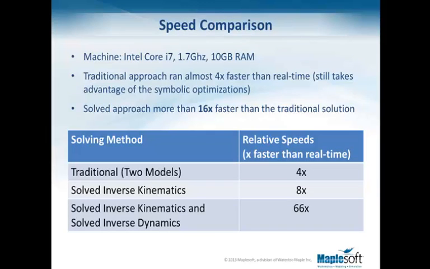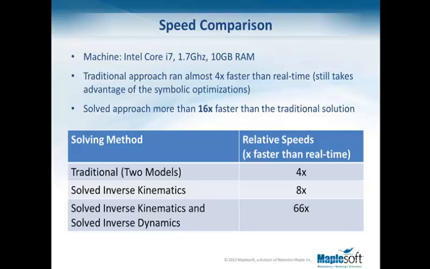This is the result that we have gotten. On the hardware that we have used, the first model that has two Stewart platforms running ran 4 times faster than real time, which is significant as is. And some of that goes back to the way equations were generated to begin with. We were using linear graph theory, so we were dealing with a smaller set of equations, which is a huge boost.